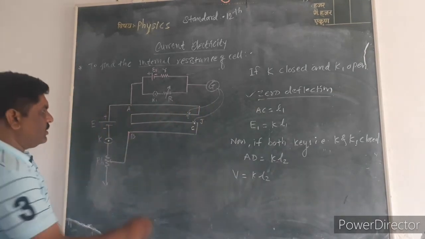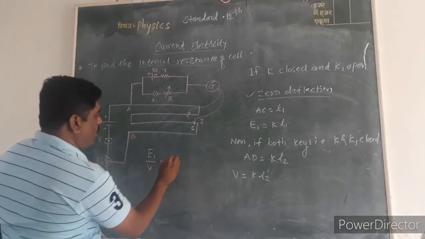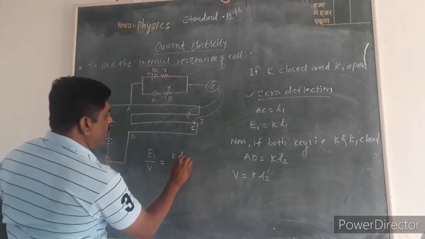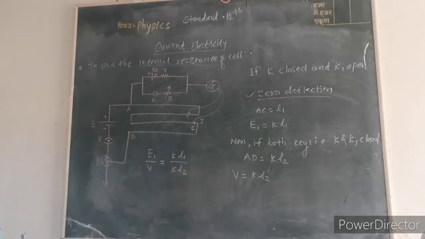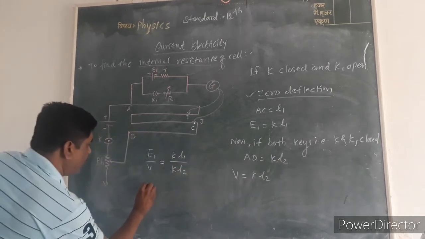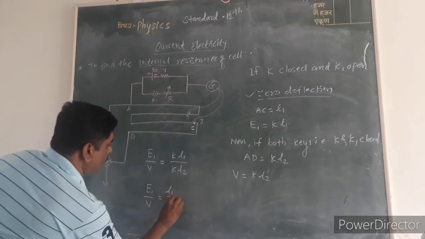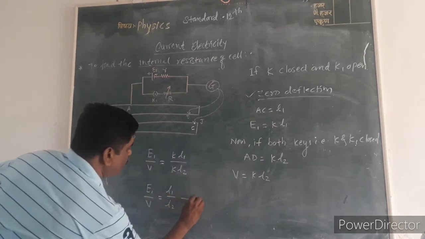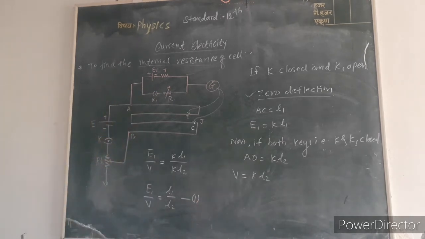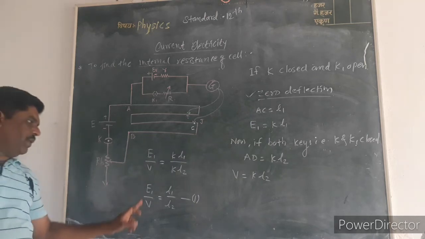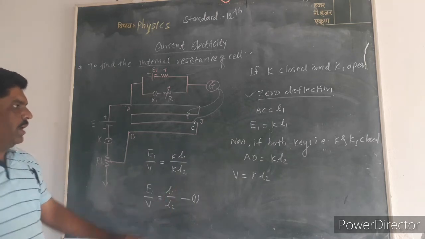Then we get E1 upon phi is equal to K L1 divided by K L2. K cancel, therefore E1 upon phi is equal to L1 divided by L2. Equation number 1, E1 upon phi is equal to L1 upon L2.